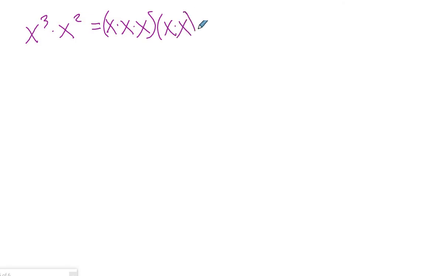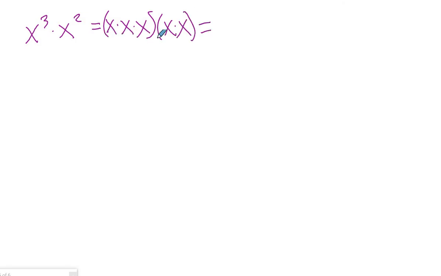Okay, so if you were not able to come up with a pattern, I'm going to show you a couple more examples and then hopefully you'll get to it. Let's say we have x cubed times x squared. Let's expand that out first. X cubed is x times x times x, and x squared is x times x.